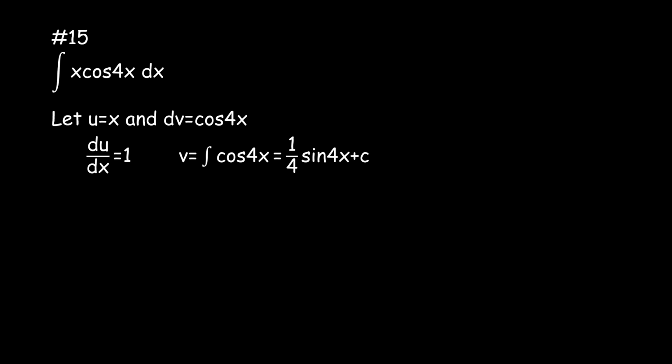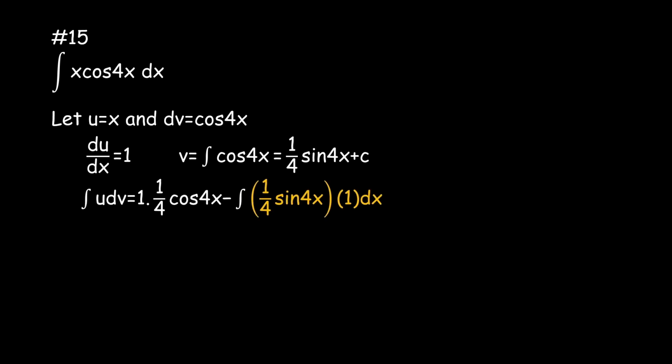So now we substitute the values of v and du into the formula for integration by parts, and we should get this. So now we're going to focus on the right hand side of the equation to integrate 1/4 sine of 4x.